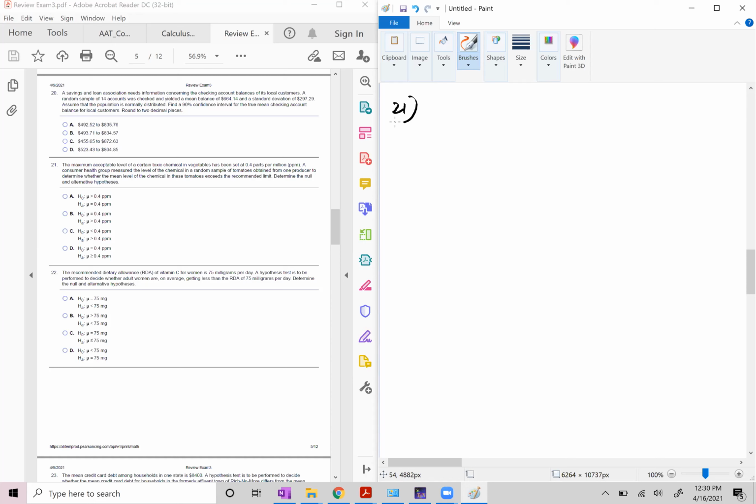And the other thing that we needed when answering these questions from chapter 8 is the length is equal to 2 times the margin of error, right? Length of the confidence interval is 2 times the margin of error, right? Okay. So those 3 points will help you answer more than 90% of the questions from chapter 8, right?